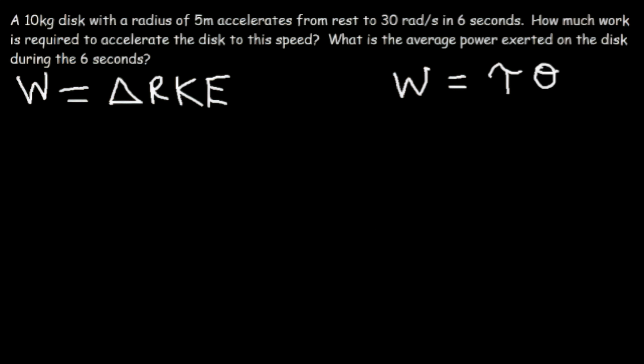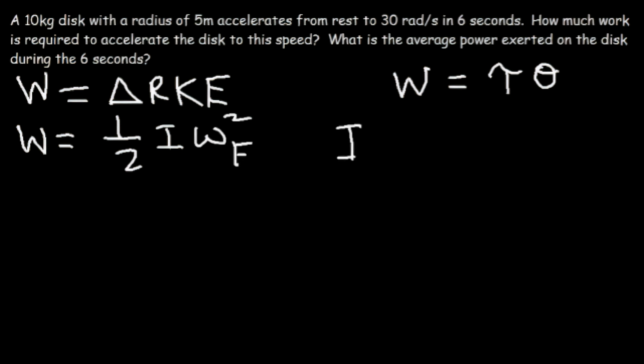So let's use kinetic energy. The initial kinetic energy is 0, so work is simply equal to the final kinetic energy, which is 1/2 times the inertia times the final angular speed squared. So let's calculate the inertia. The inertia for a disk is 1/2 mr squared.